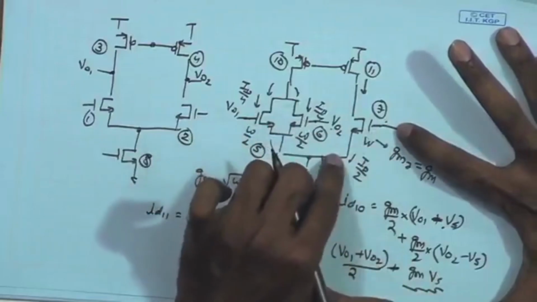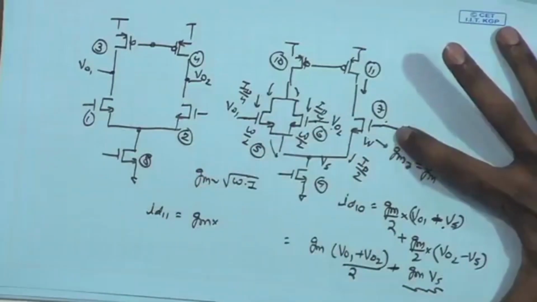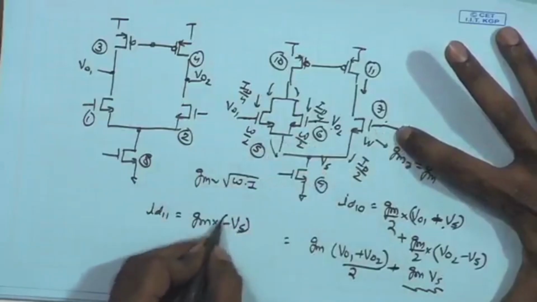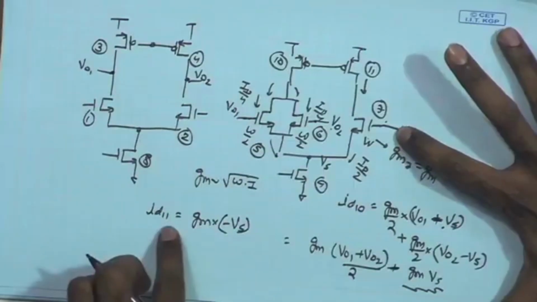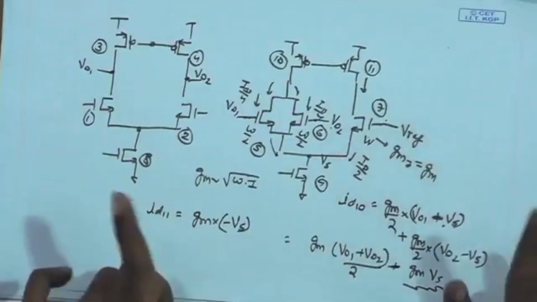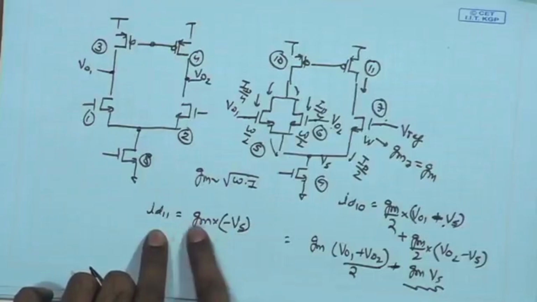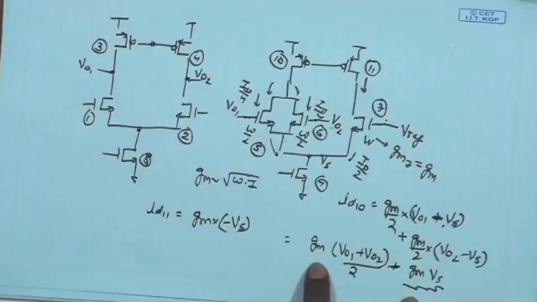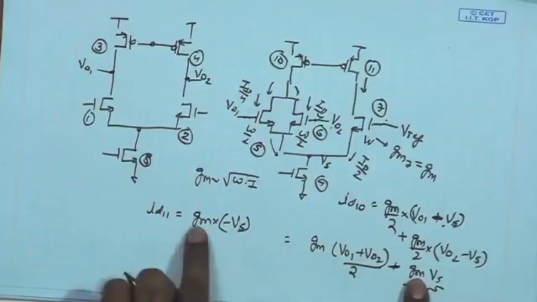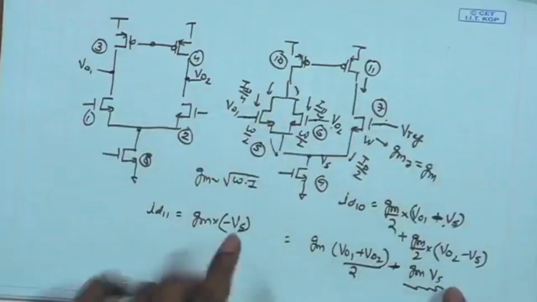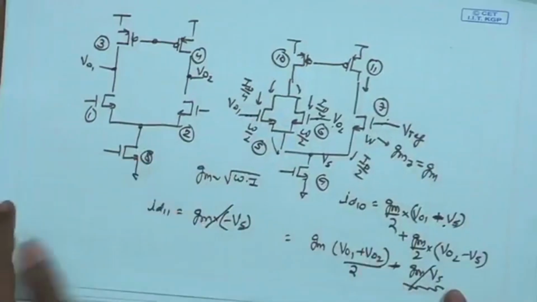VG of this is 0 because the small signal value is 0, so VGS becomes 0 minus Vs. Therefore, looking at the differential current, ID11 is just minus GM Vs, while ID10 is minus GM Vs plus this quantity. The common quantity gets subtracted in the differential operation, so I do not need to worry about it.